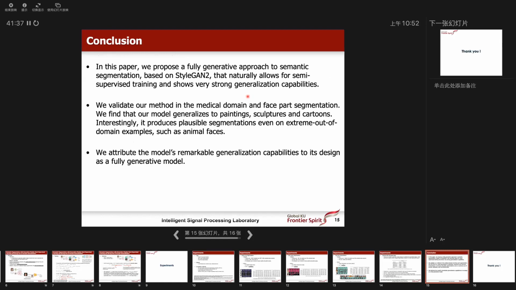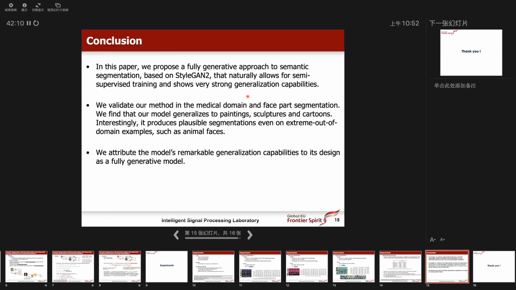And finally, we come to the conclusion. In this paper, the author proposed a fully generative approach to semantic segmentation. It is designed based on StyleGAN2, and it allows for semi-supervised training to achieve strong generalization capability. The author validated the proposal in medical and face segmentation.